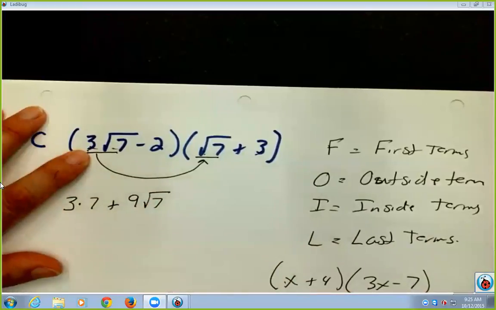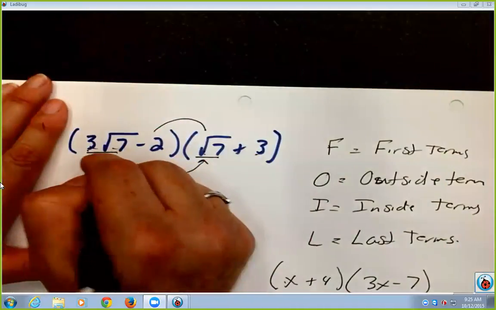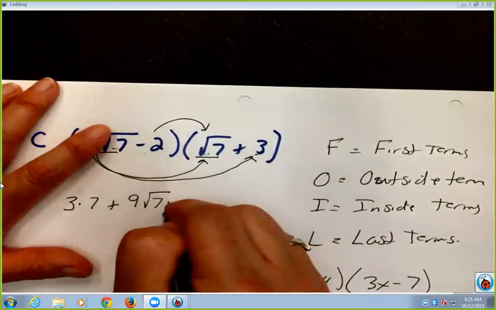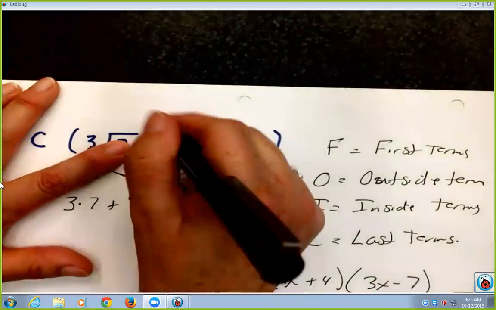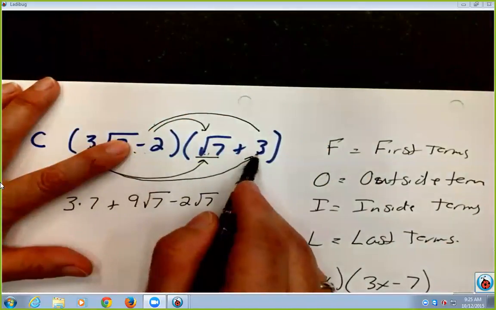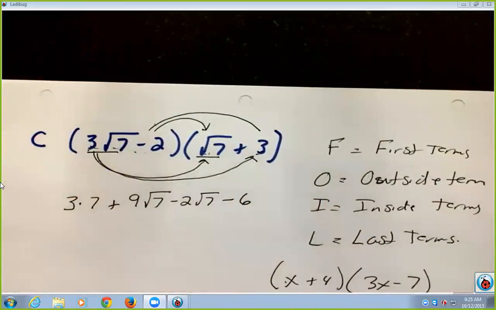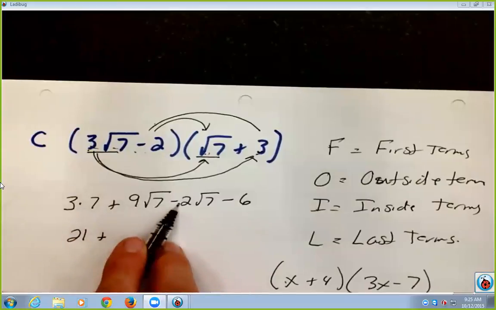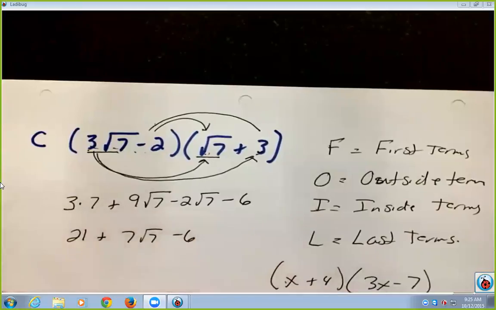We good there? Second part, I multiply these 2 together. I get negative 2, the square root of 7. And then finally the last, negative 2 times a positive 3 is a negative 6. And I'm not done, because I've got to do some multiplication here and get 21. 9 and a negative 2 is a 7, the square root of 7, minus 6.